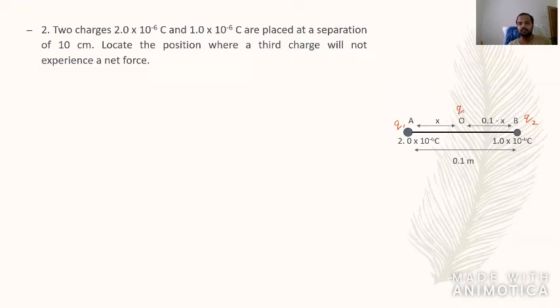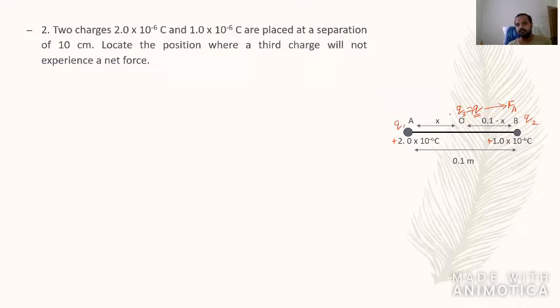And there is one more charge which we have to place between these two, which I am going to take as Q3 equals Q. Now remember one thing, Q1 and Q2 both are positive charges. So if I take this Q3 also as plus Q, then Q3 is going to experience a force due to the first charge, Q1, in this direction, which I am going to call FA, because Q1 is placed at A, acting in the direction OB.